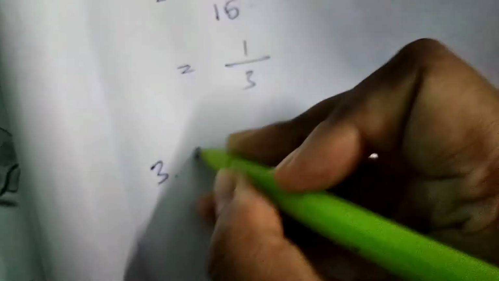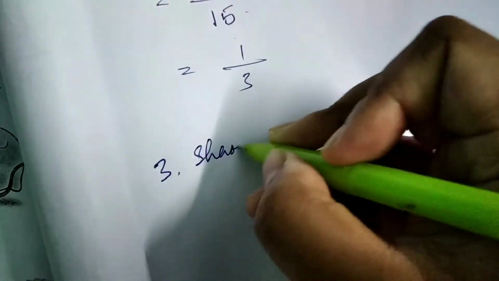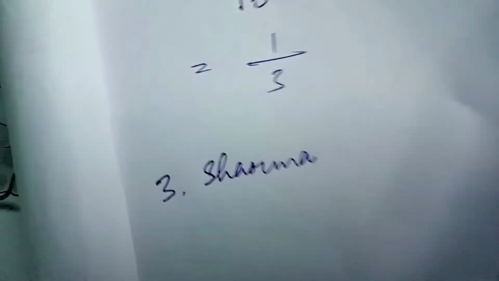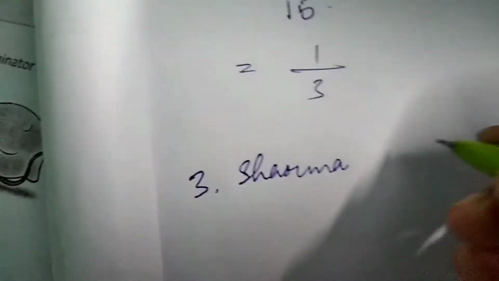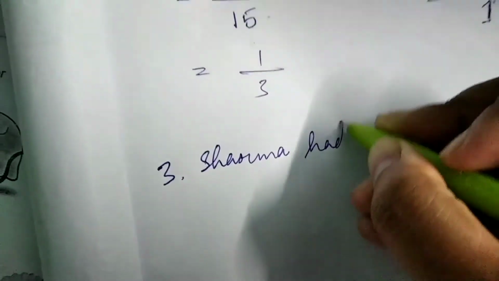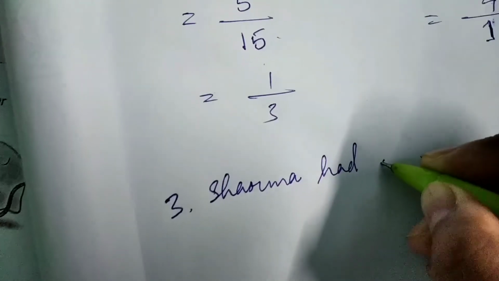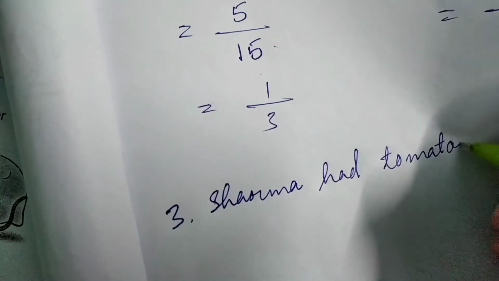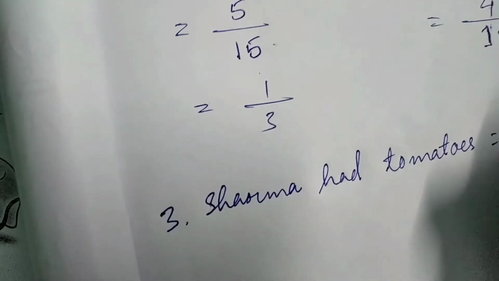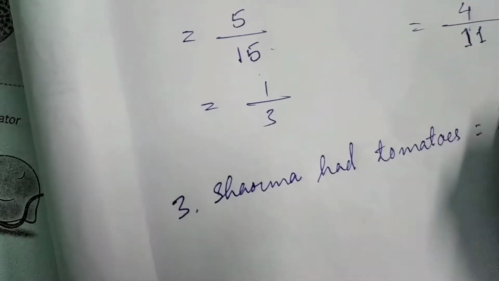So number 3 answer is that Sharma had tomatoes equal to 3 by 4 kg.